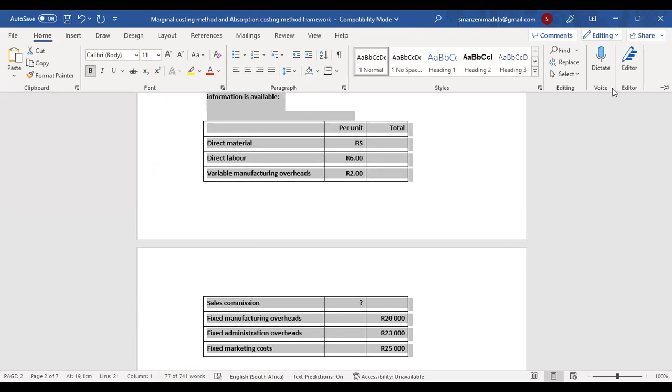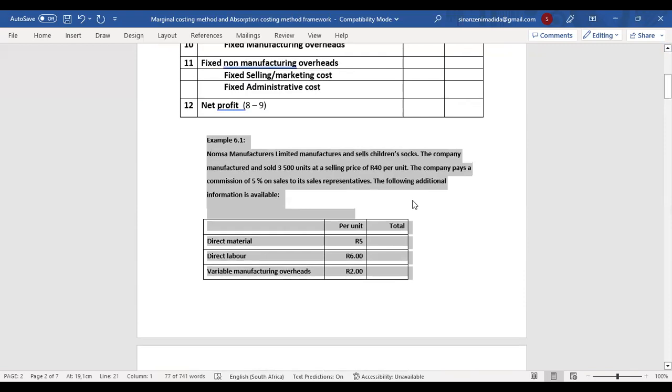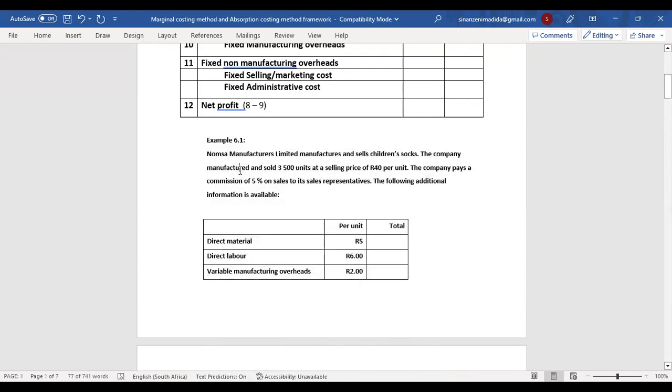Our example 6.1, we've got NOMSA Manufacturers Limited, which manufactures and sells children's socks.